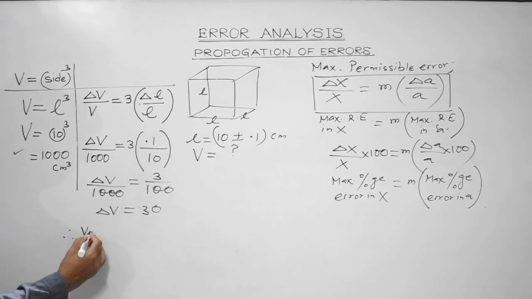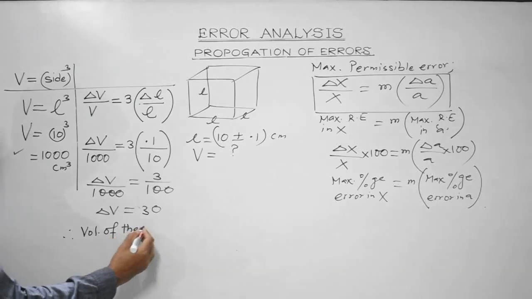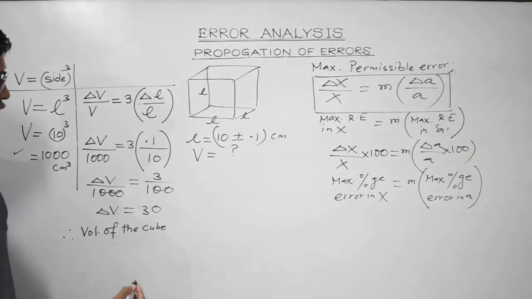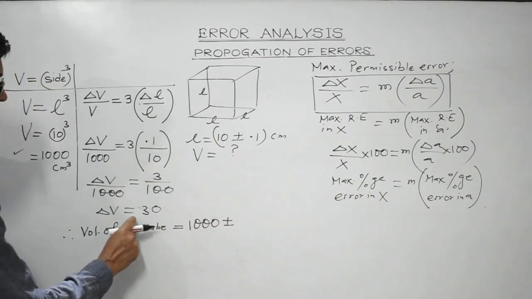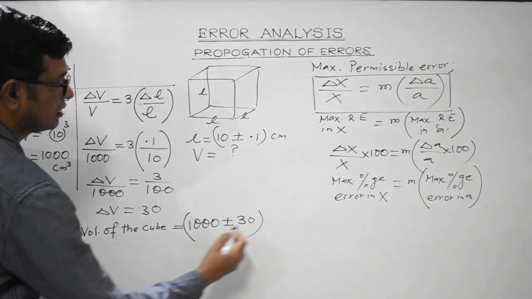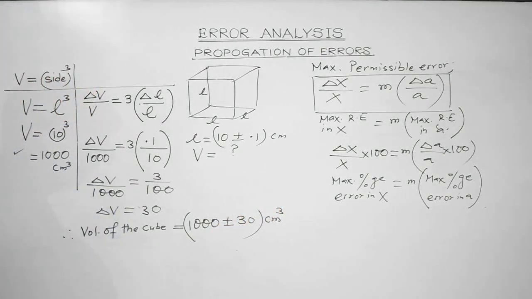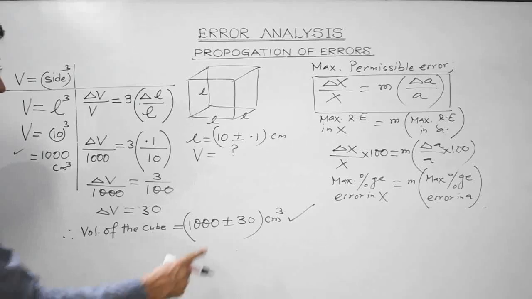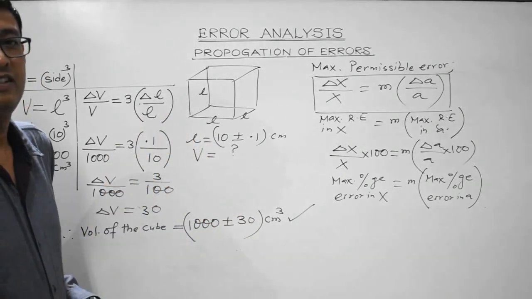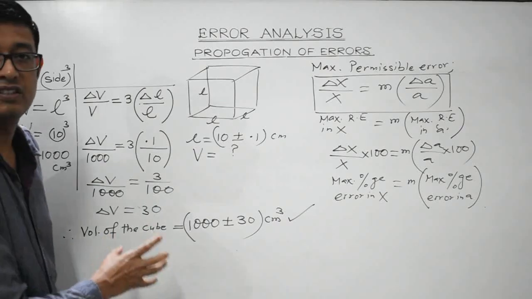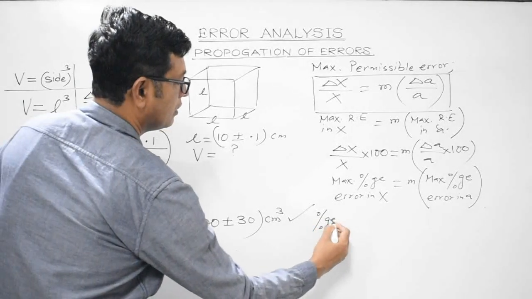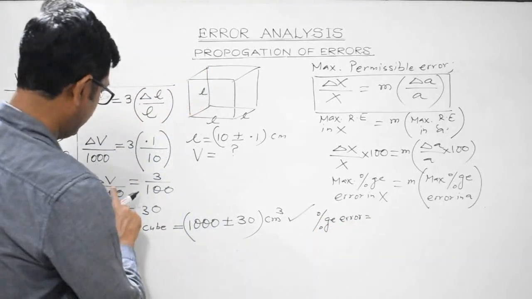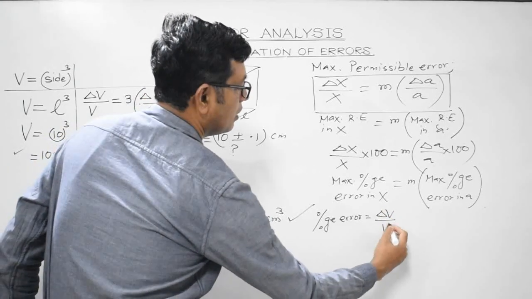Therefore, the volume of the cube will be represented by the actual value, that is 1000, plus minus its absolute error, that is 30, centimeter cube. Clear? This is the proper way of writing the result in terms of absolute error. Now students, if you wish to write this result in terms of percentage error, then how to proceed? Now percentage error would be del V by V multiplied by 100.